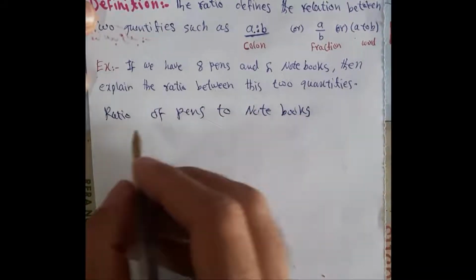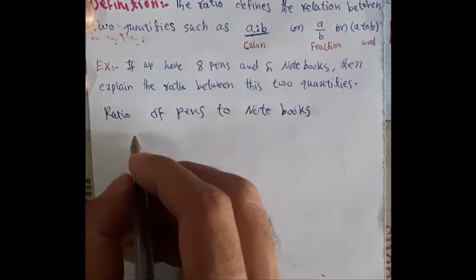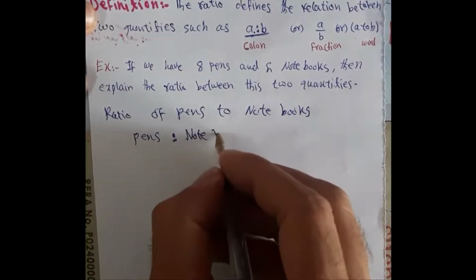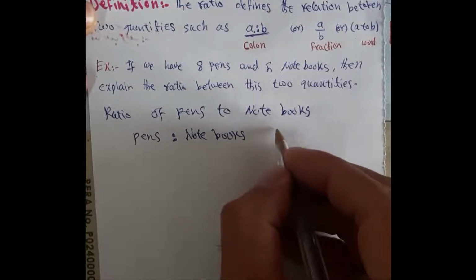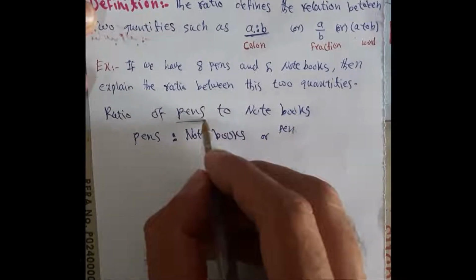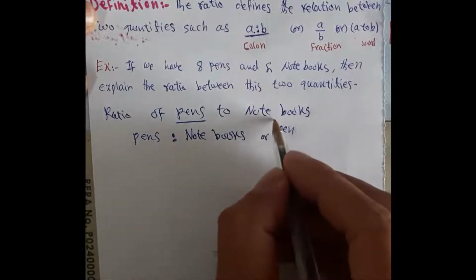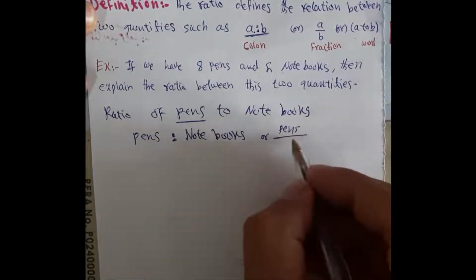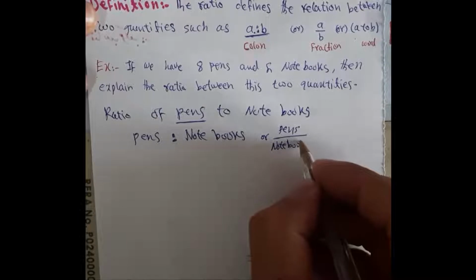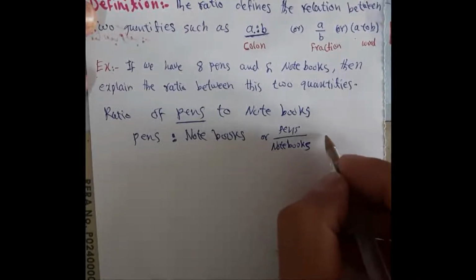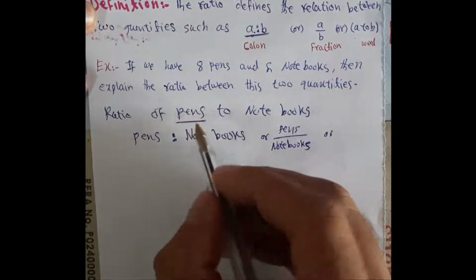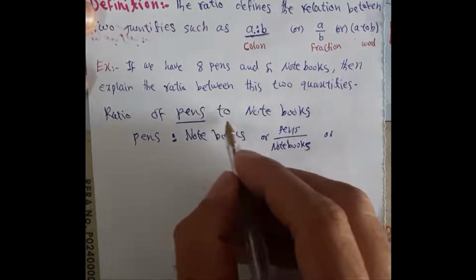In three types we can show it: pens to notebooks, or we can write it as a fraction. The first quantity is pens and the second quantity is notebooks, so we write pens in the numerator and notebooks in the denominator, or in words, ratio of pens to notebooks.